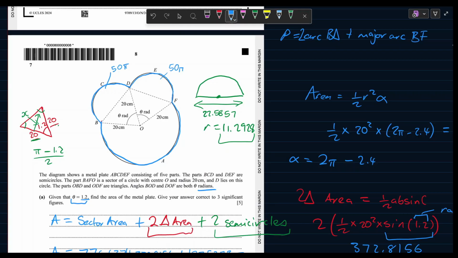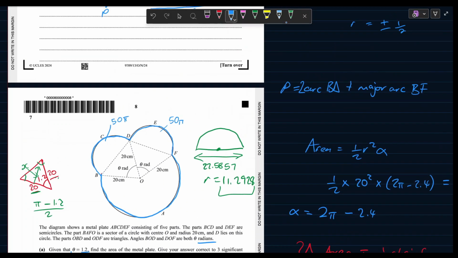All right, so we need to start off by first finding arc BD. To find arc BD, we use the formula for arc length, which says that S is equal to R times your angle. Here I'm avoiding using theta in the formula because it's already being used in the question. I don't want to cause any confusion. So it's R times alpha. Alpha is just representing the angle within that sector.